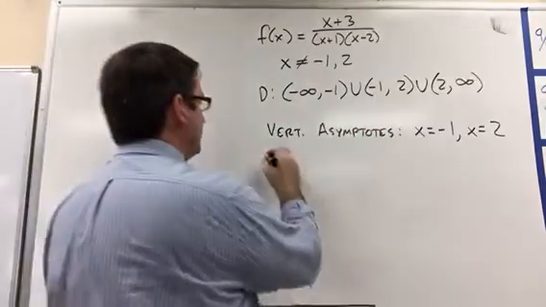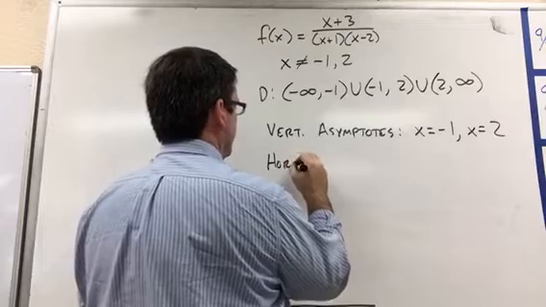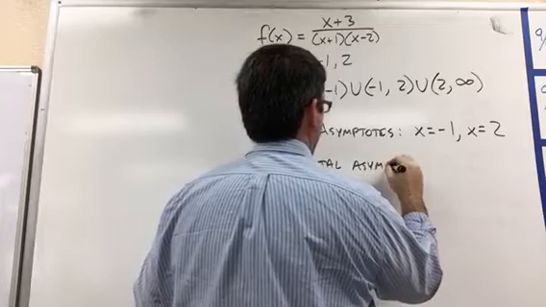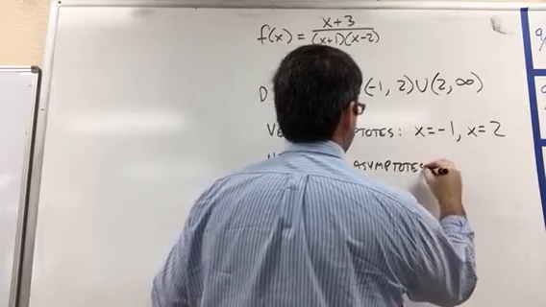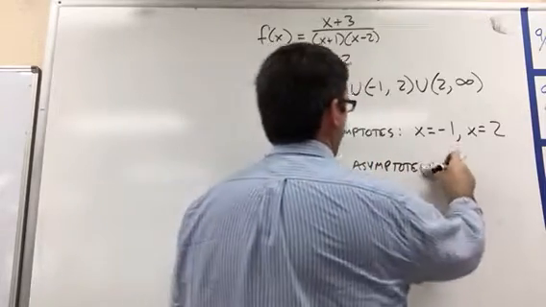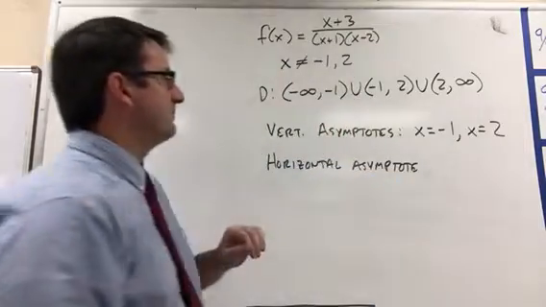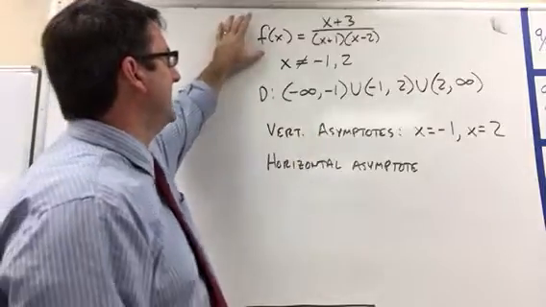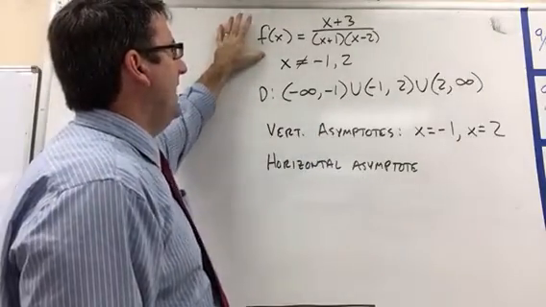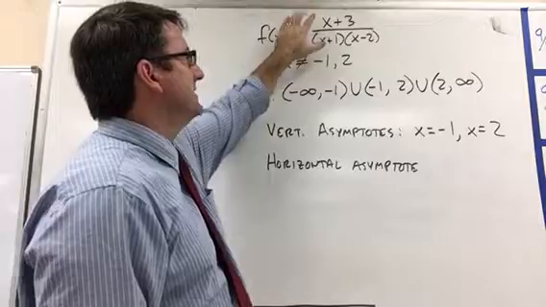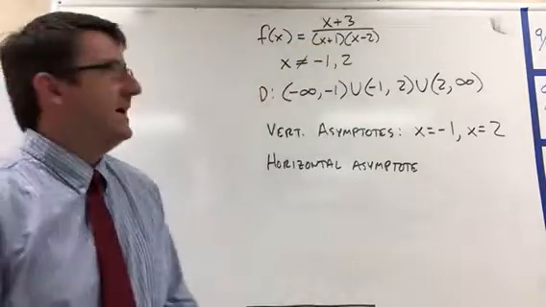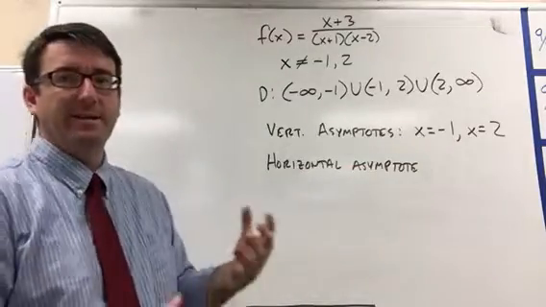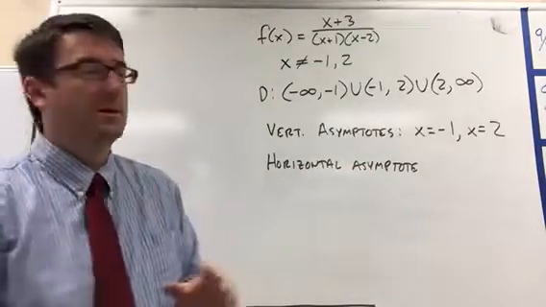All right, finally, the horizontal asymptotes. Well, there's just going to be one horizontal asymptote. Remember the rules that we listed out: if the degree on the top is smaller than the degree on the bottom, then the horizontal asymptote is going to be at y equals 0.